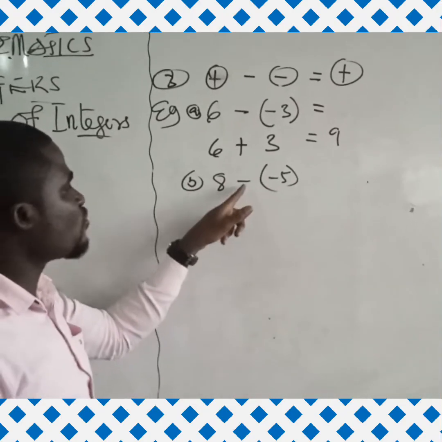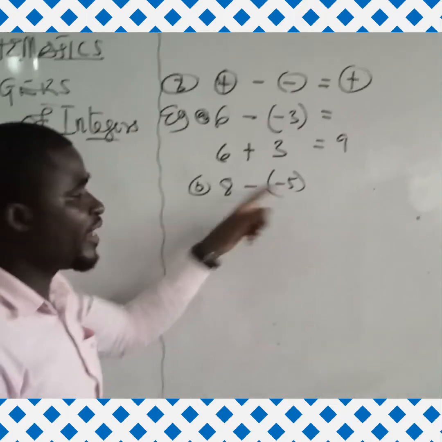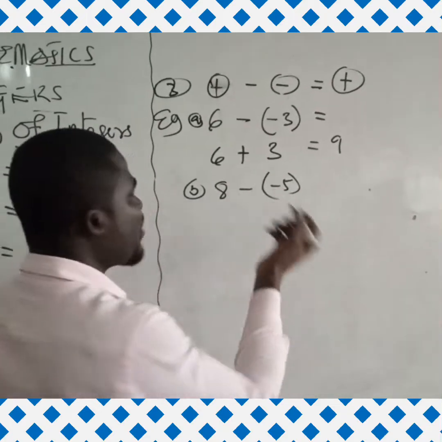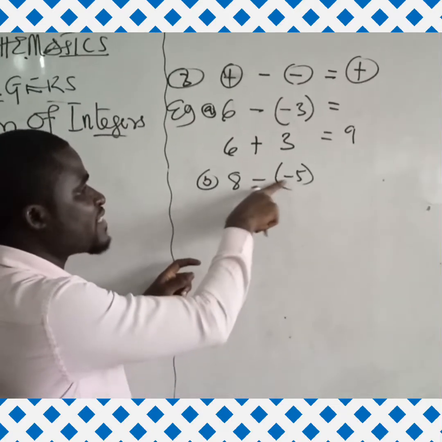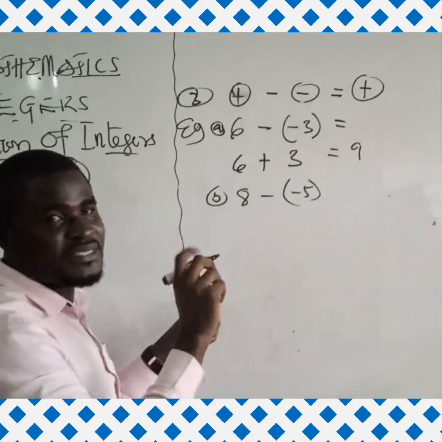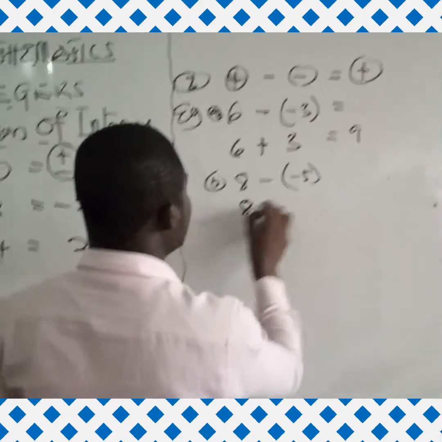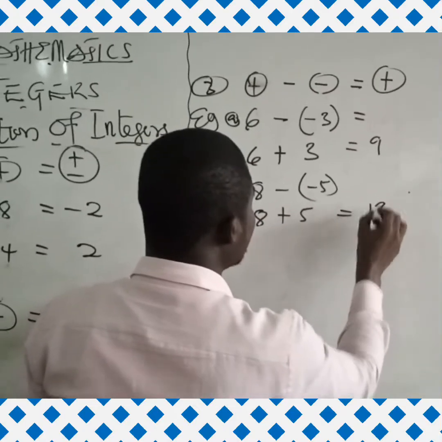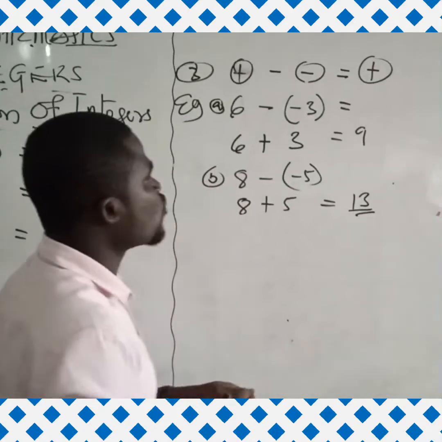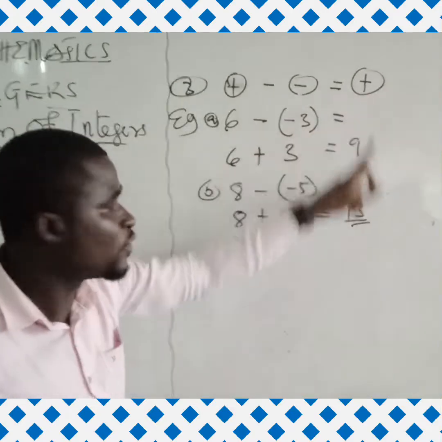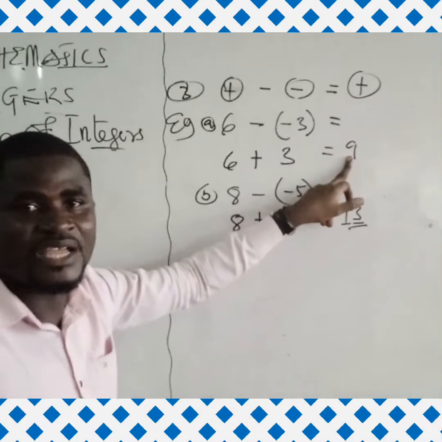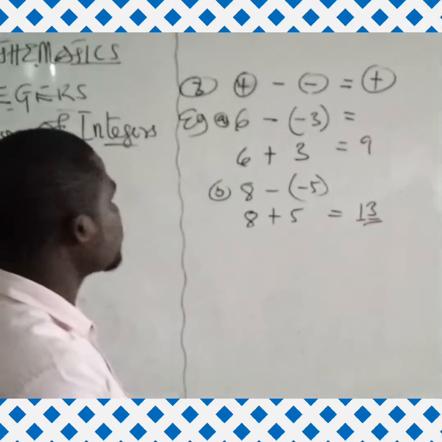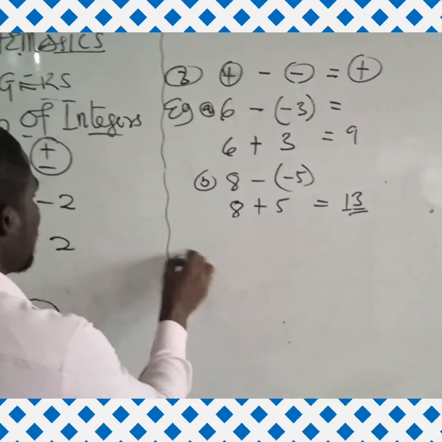Because of the bracket, I have to multiply this and this. Whether they are in brackets or not, so far as two negative signs are meeting, the result will be positive. So it will be 8 plus 5, which will give us 13. That's why it is positive. Good.